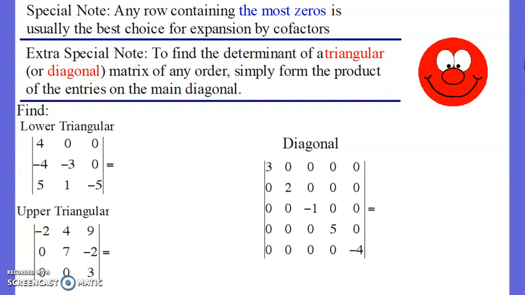A lower triangular matrix means there's just numbers all over the lower side of this thing, but notice all the zeros. And if we do that, essentially we're going to have 4 times its determinant, and then a couple of zeros. So 4 times the determinant of sort of the minor of that spot.